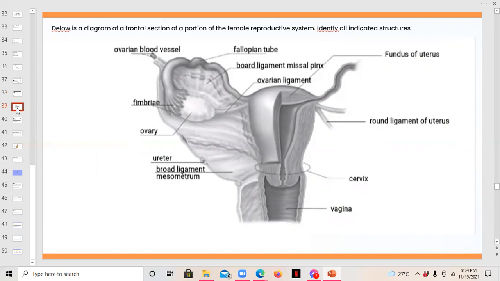On the middle leader lines are fallopian tube, cord, ligament, mesosalpinx, and ovarian ligament. And on the right side, leader lines are fundus of uterus, round ligament of uterus, cervix, and vagina.